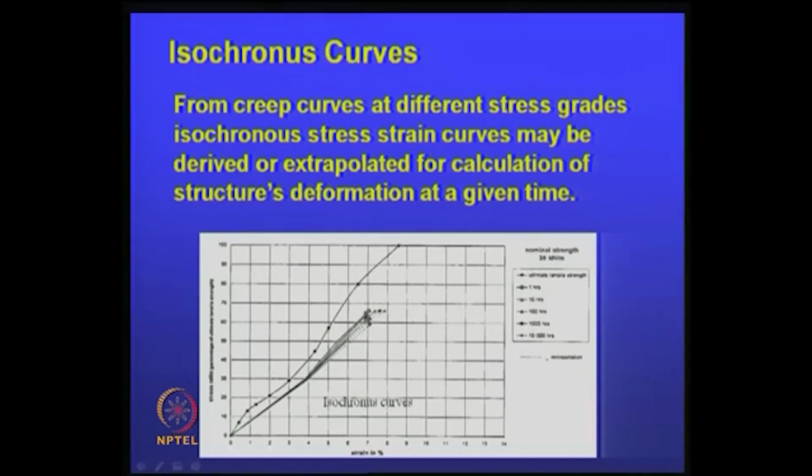Then after 1 hour is one stress strain curve, then 10 hours, 100 hours, 1000 hours and 10,000 hours. So the code recommends, and the reason isochronous curves are required is that you would like to estimate the tensile strength of the material in its lifetime.